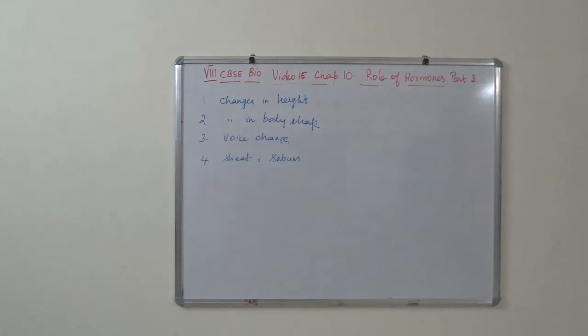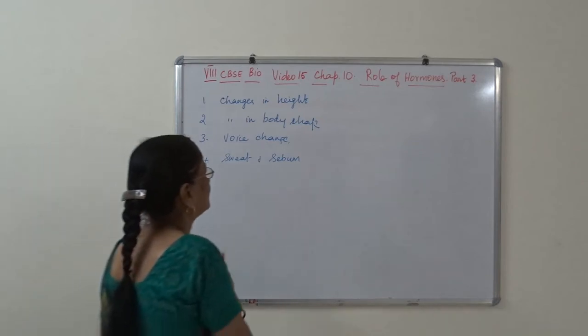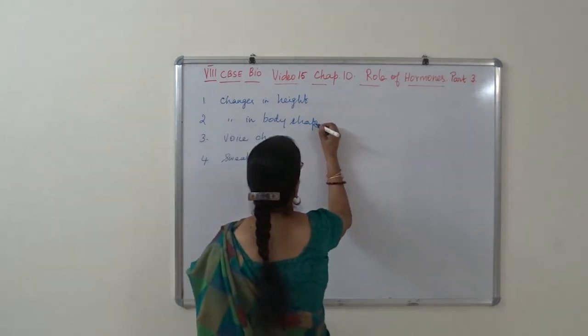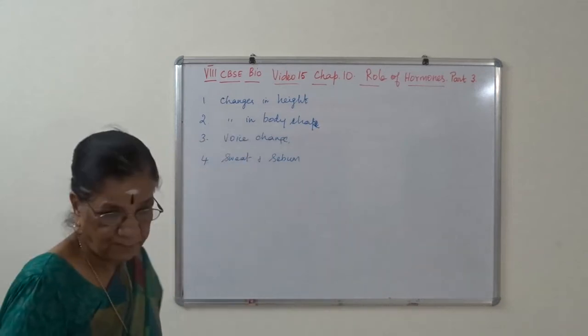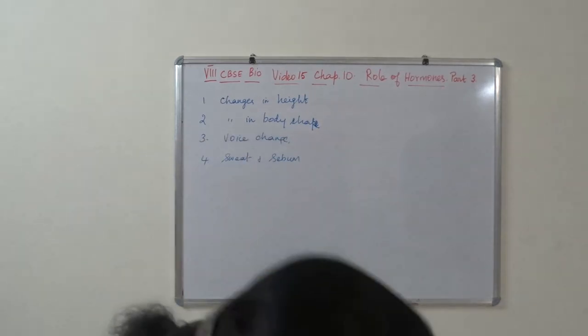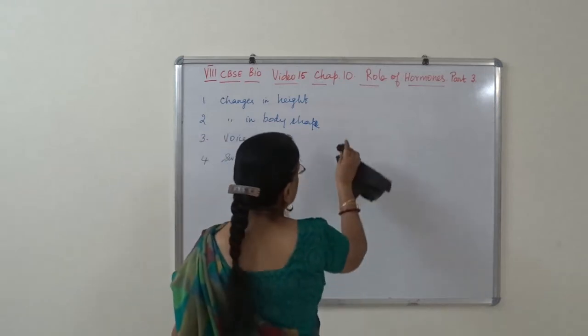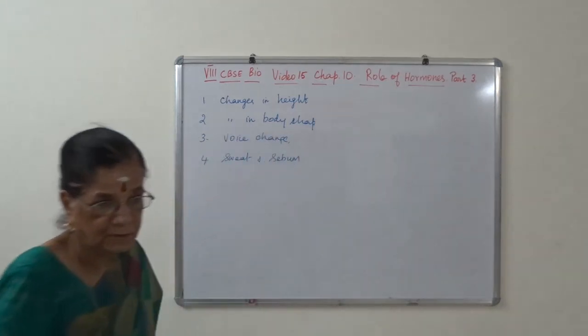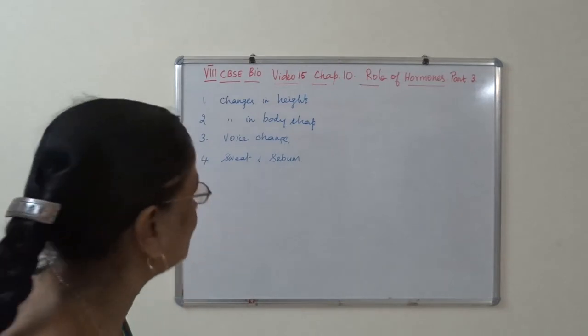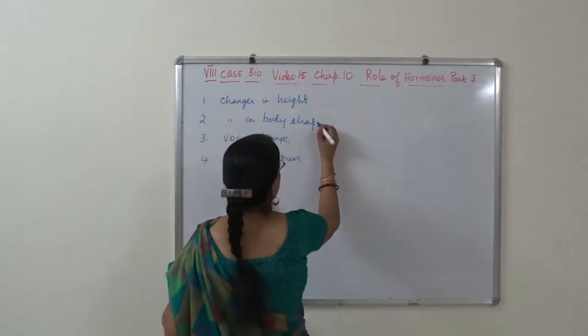Now what are the characteristics? First, changes in height, then changes in body shape.